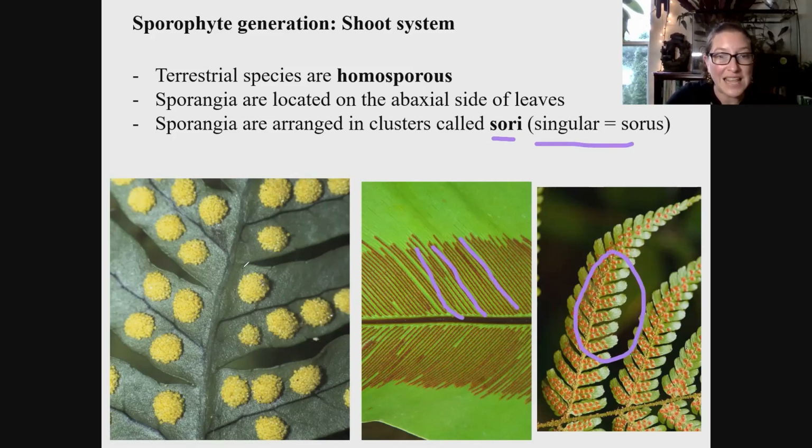So in each of these, I'll just circle this one. That thing I just circled, that yellow thing, is a cluster of sporangia. Each of those little tiny yellow dots inside of there, 1, 2, 3, 4, 5, whatever, each of those is a sporangium. And a cluster of those sporangia is called a sorus, or plural sori.